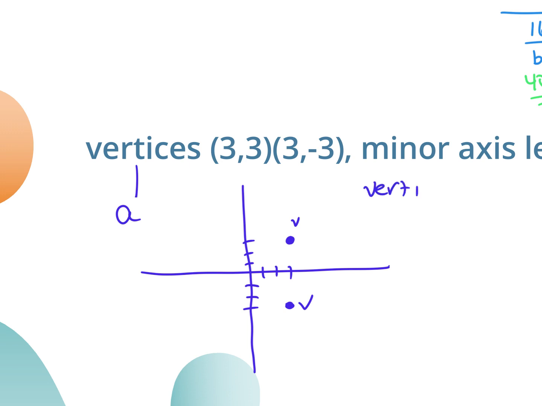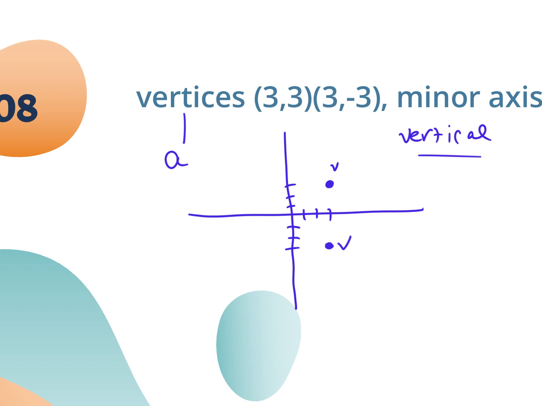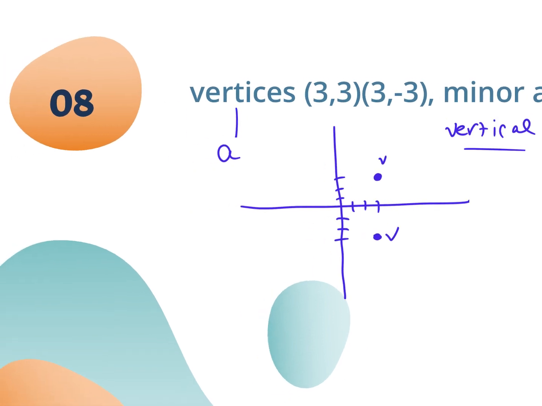Why is that important for us to note? Where does your A go? Underneath, underneath what? The y, right? Your a value is going to go underneath the y because the vertices and the foci are on the major axis, the one that's important. So I know my vertices are along the y. Well, we already know it's not at the center, right?